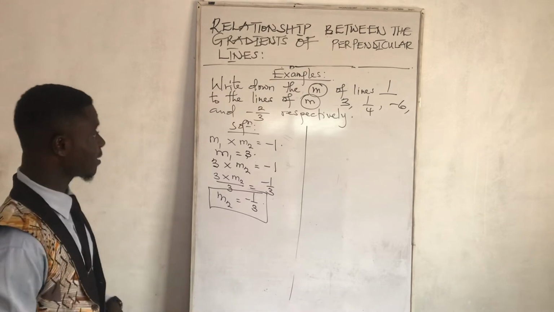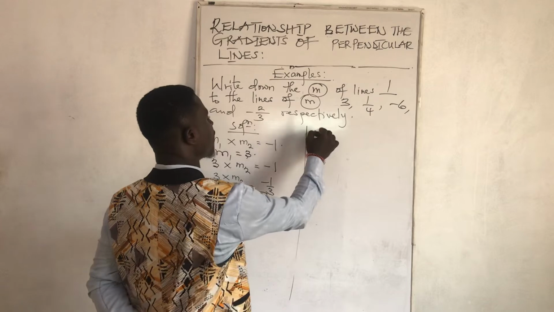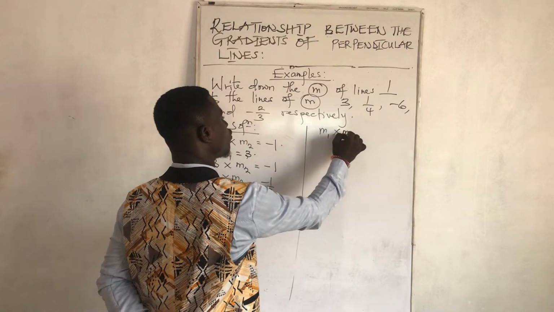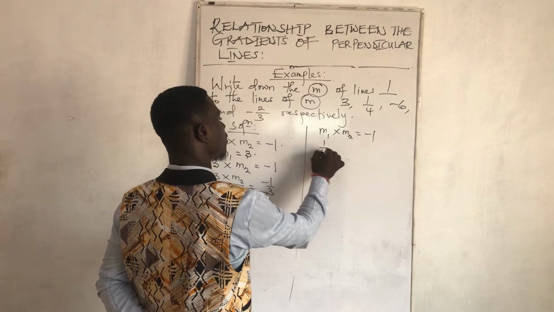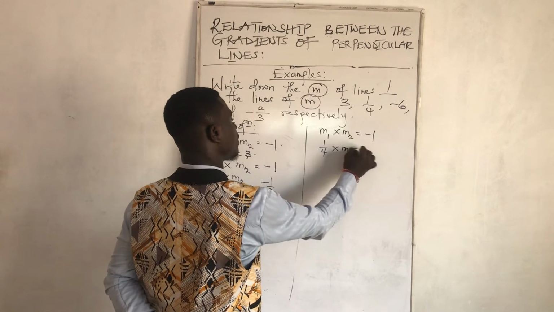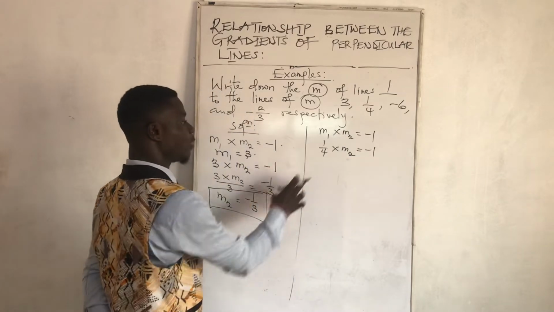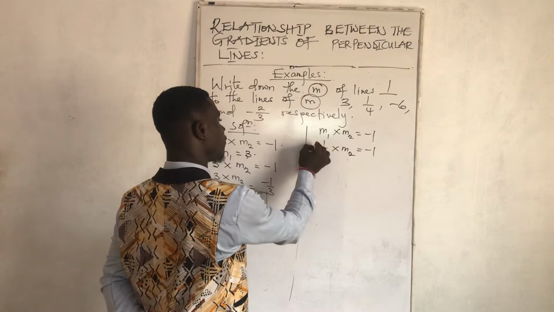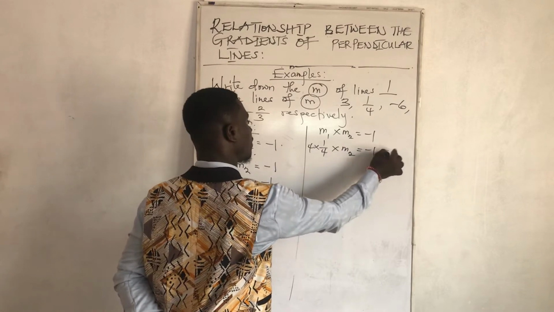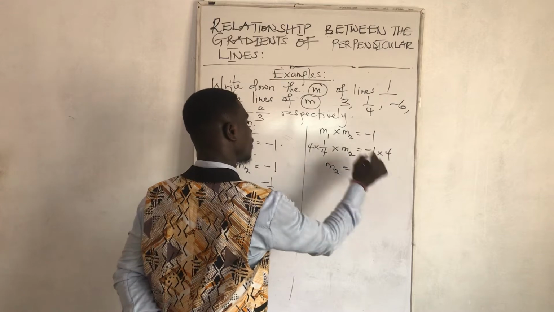So that's it. Now 1/4. We have m1 times m2 equals -1. So m1 is 1/4, times m2 equals -1. We multiply through by the divisor, or the LCM, which is 4. So m2 is -4.